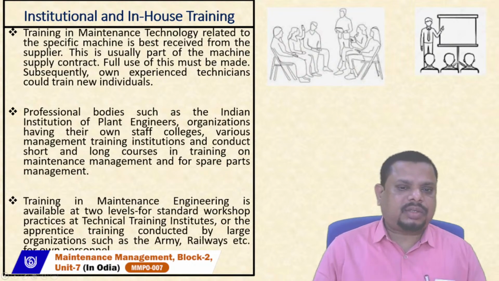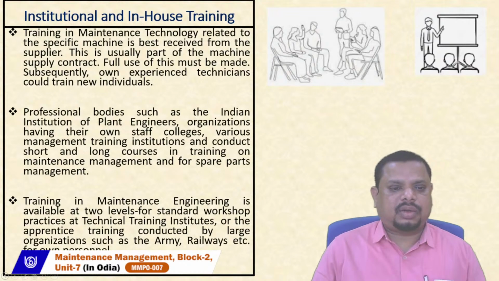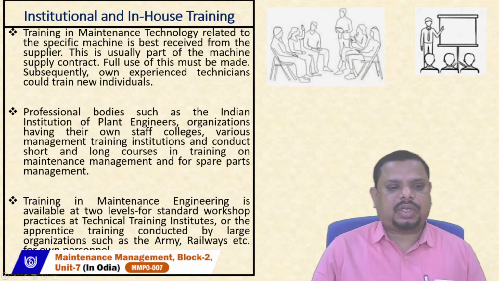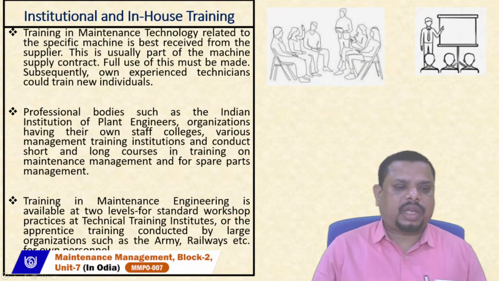Professional bodies such as the Indian Institute of Plant Engineers, organizations having their own staff colleges, and various management training institutions conduct short-term and long-term courses in training on maintenance management and spare parts management. So these are examples of professional bodies and how they provide basic in-house training and institutional level training to their staff as well as other colleges, in the form of short-term or long-term training programs on core areas like maintenance management and spare parts management.